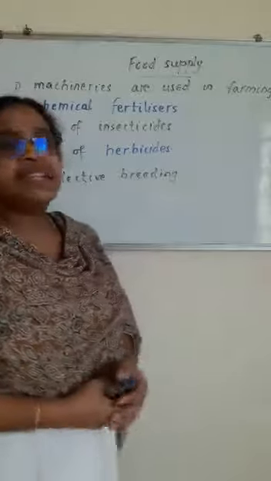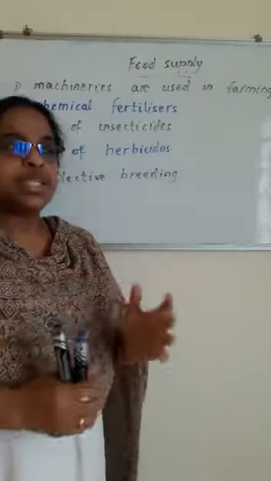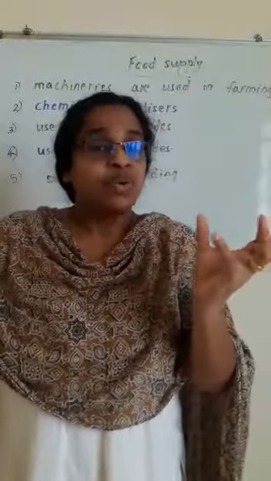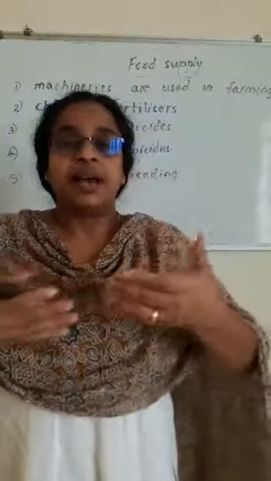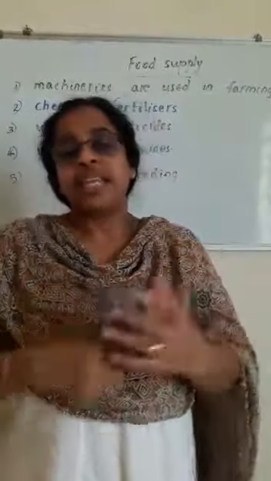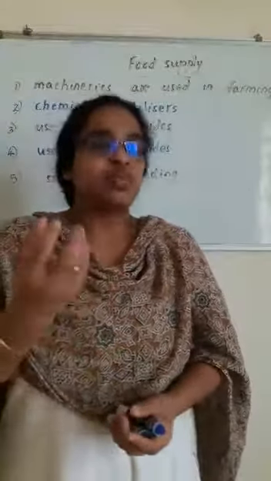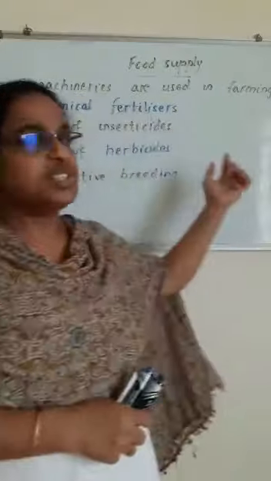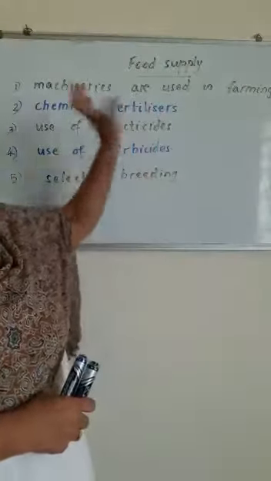And then finally selective breeding, where plants and animals of desirable or good characteristics are mated together and then we can get new plants or animals with good qualities. Okay, so these are the advantages of modern technology in food supply.